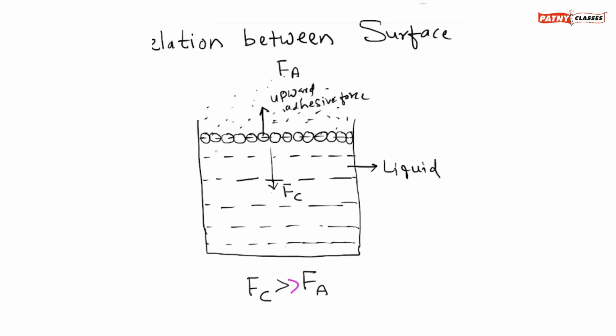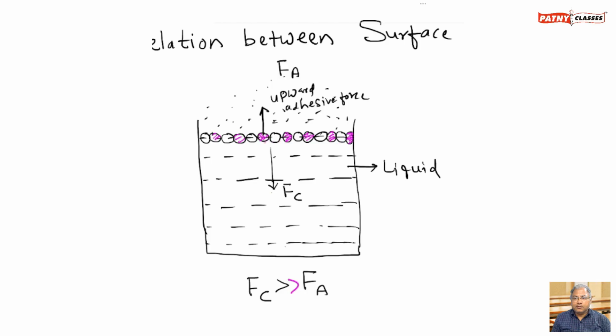Now at the surface there are some molecules. Consider these molecules. I am shading them with this orange color. So what happens? These molecules which I have shaded will be least stable.